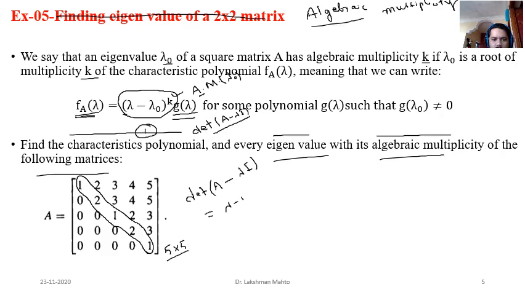That means you can write this determinant of A minus lambda I as a polynomial: lambda minus 1 to the power 3, not a square, since 1 is coming 3 times, and lambda minus 2 to the power 2.